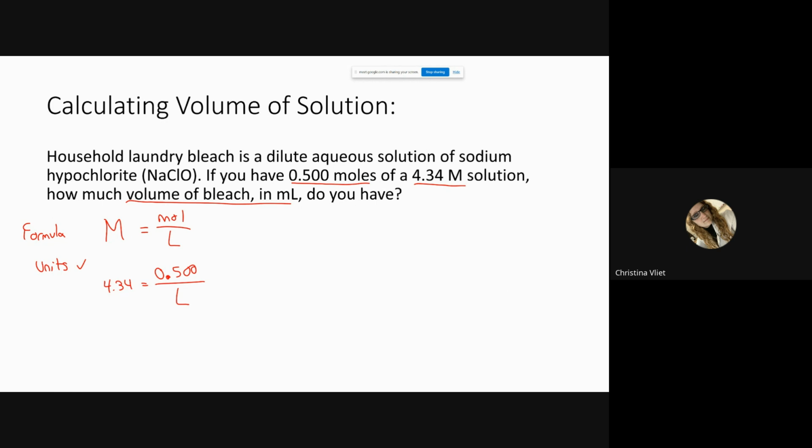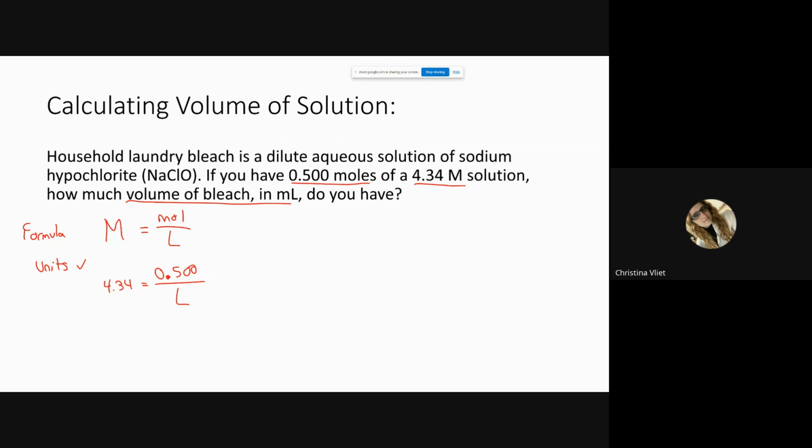Now your algebra skills come into play. How do you solve it? There's a couple of ways you can reason. The traditional algebraic way is, well, liters is on the denominator. You cannot solve for a variable as long as it's in the denominator.